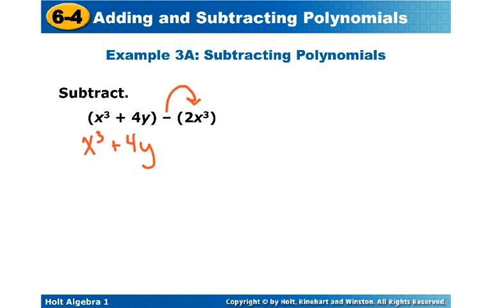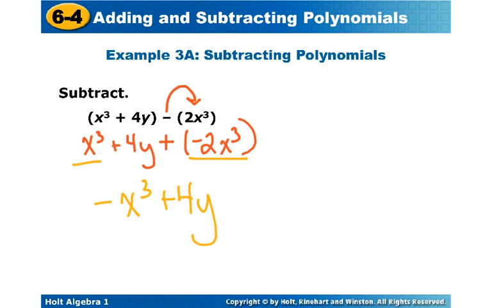So since you distributed it in, it becomes plus, and this is negative 2x cubed. Okay, and then simplifying, so combining like terms, these two are like terms, so that gives us negative x cubed plus 4y. And I'm sure many of you didn't need to do the distributing right now. It was just for purposes of showing you guys.